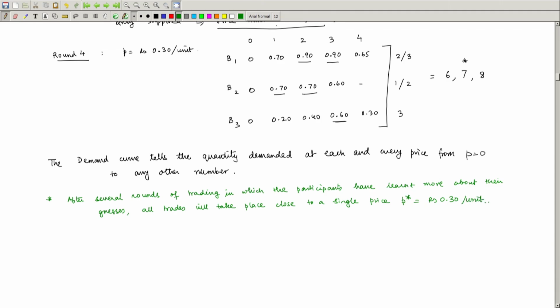At this price buyer 1 will buy 3 or 2 units, buyer 2 will buy 2 or 1 unit, and buyer 3 of course will buy 3 units.